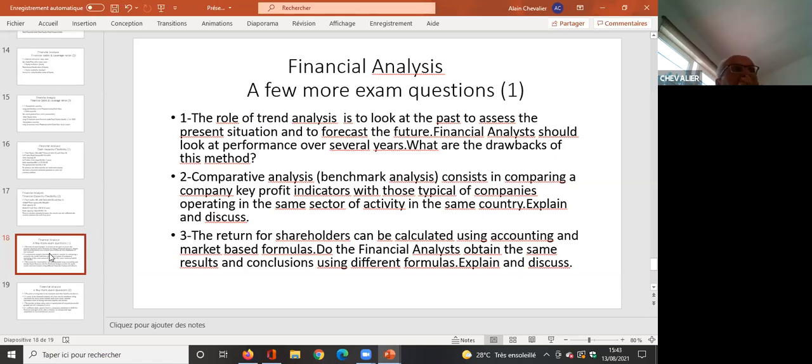Do financial analysts now obtain the same results? They obtain the same results if the book values and the market values are very close. If total equity book value and market value are very close, it means if the market value to book value ratio is close to 1, the results will be very close.